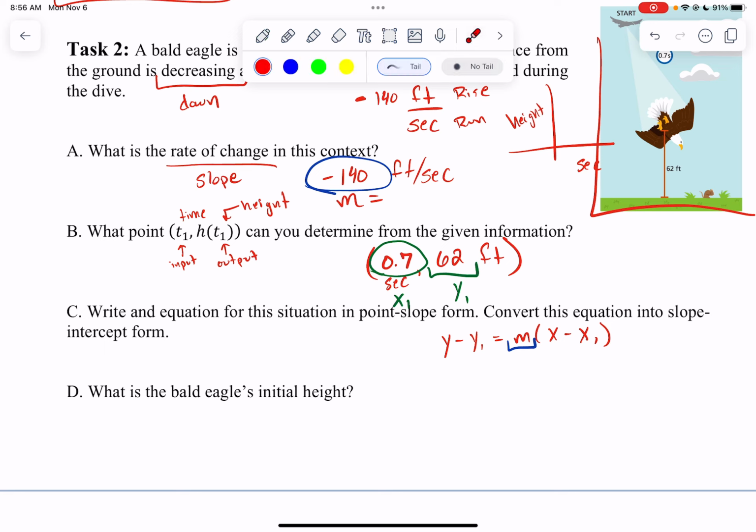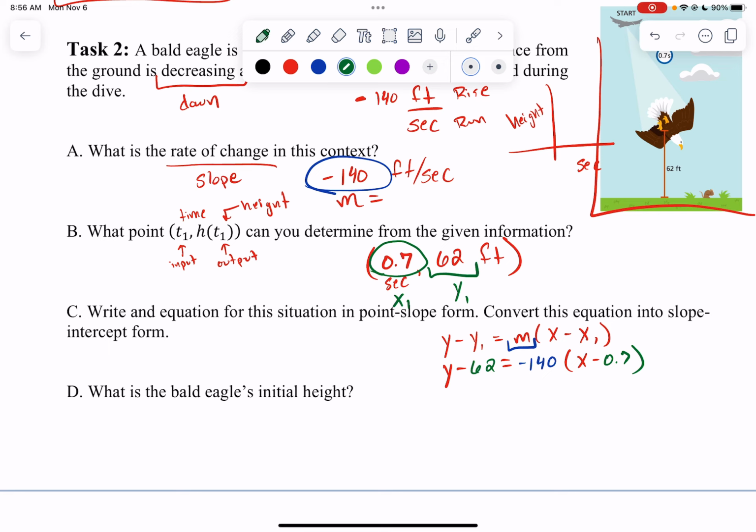This y and this x are my input and output variables. Those stay there because my final equation should have an input and output. Y minus my y sub 1, 62, equals my slope, negative 140, times x minus my x sub 1, 0.7. Sorry, I know I'm jumping between colors, but it helps to color code it.